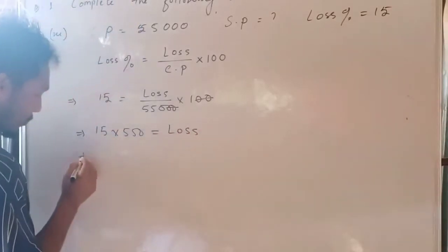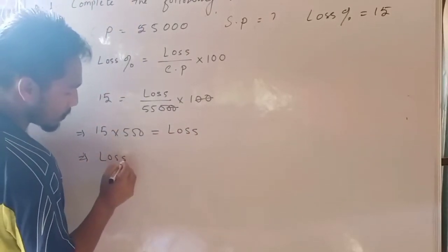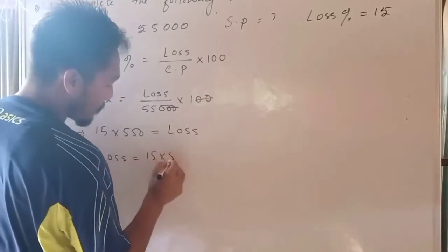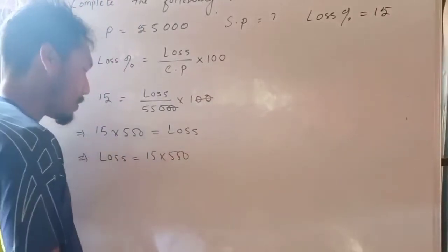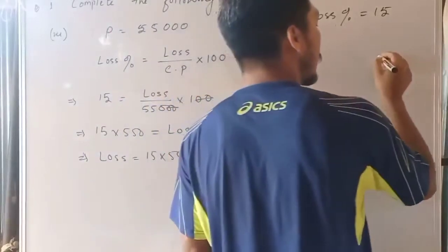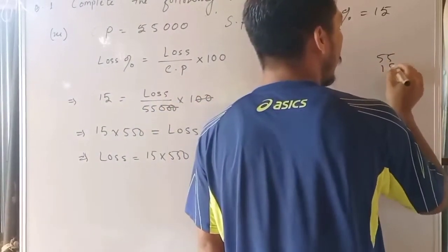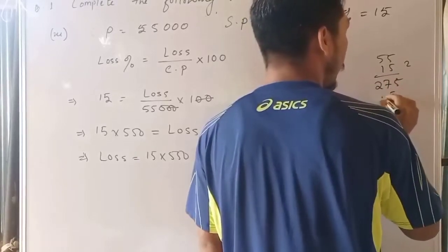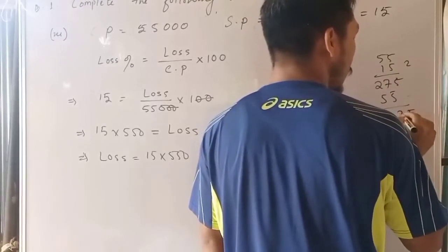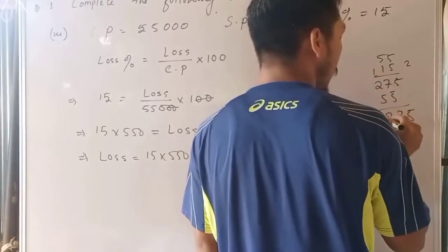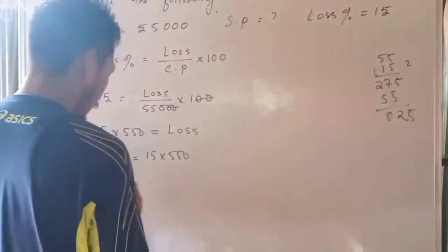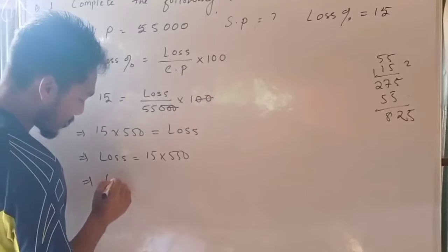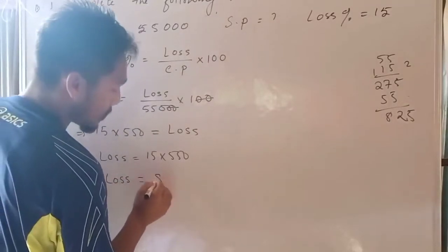So we calculate 15 into 550. 5 fives are 25, carry 2, and so on. So if you calculate that, your loss is how much?